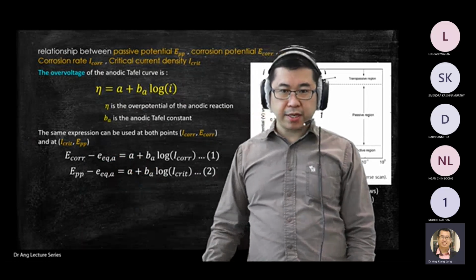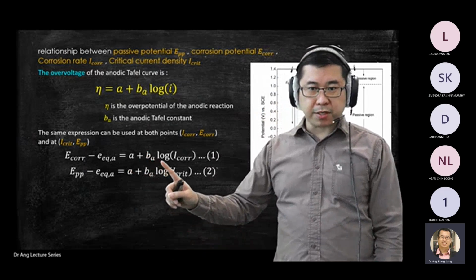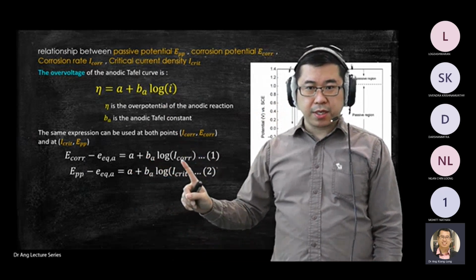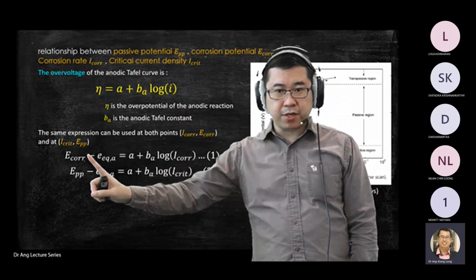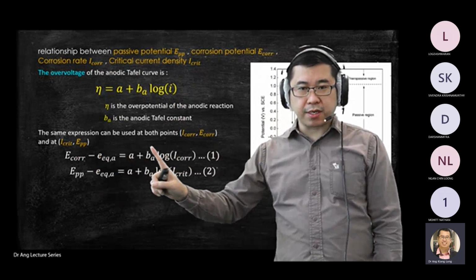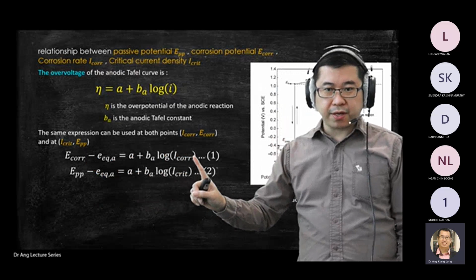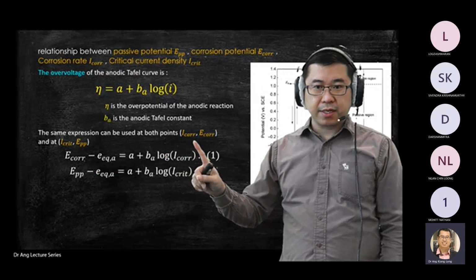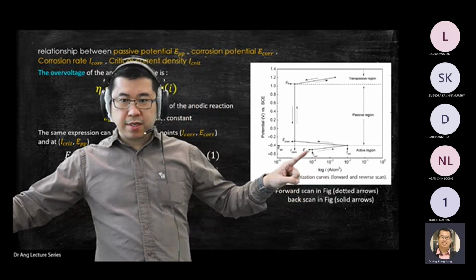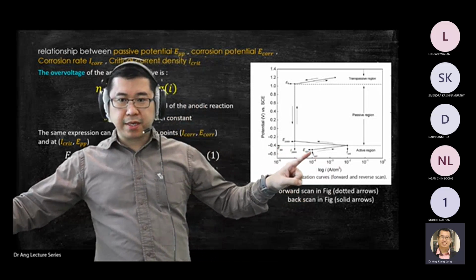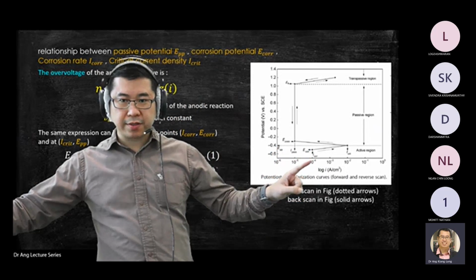potential of A equals A plus B log I, this is a Tafel equation, and for the I we use the I corrosion, because E corrosion is partnered with I corrosion, right? From the chart, E corrosion is partnered with I corrosion, the corrosion rate.